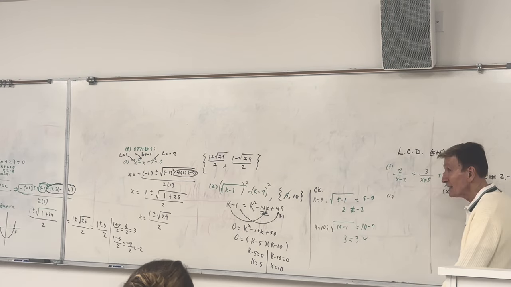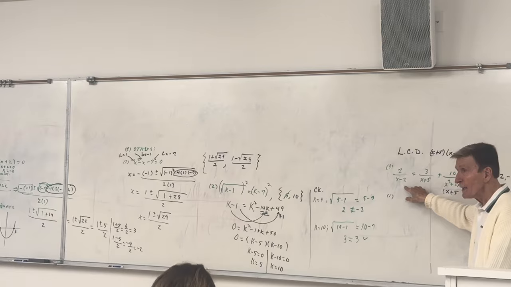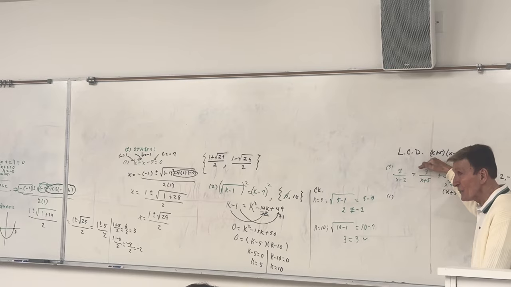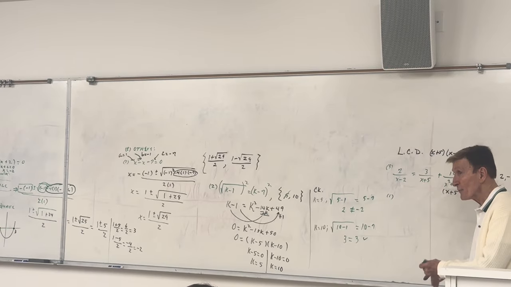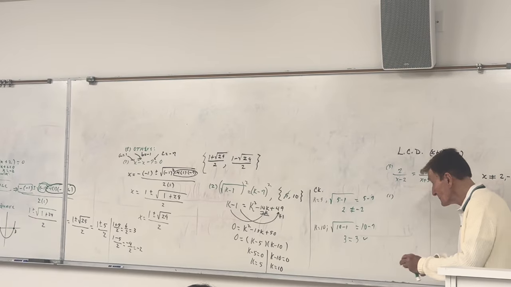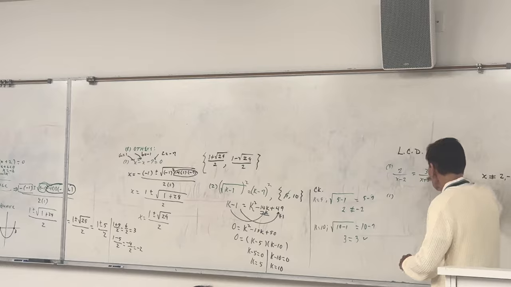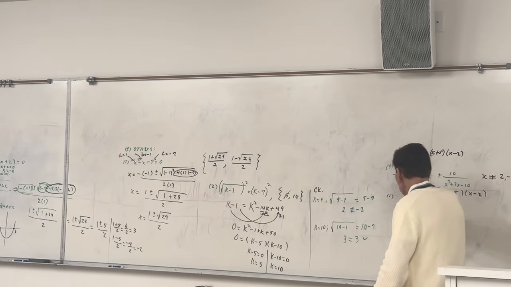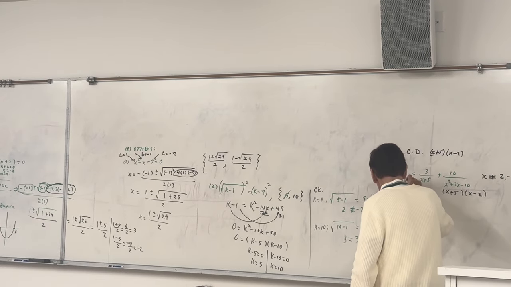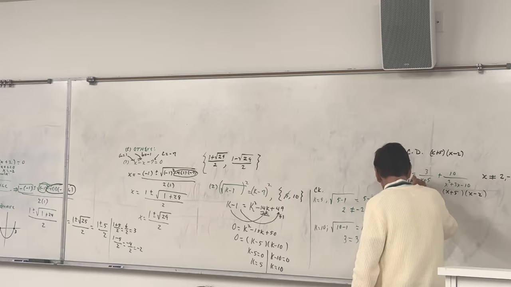So what's missing here that I will have to put in if I want this underneath that first fraction? I got the x subtract 2, but what's missing? If I want this, I got to put in x plus 5.